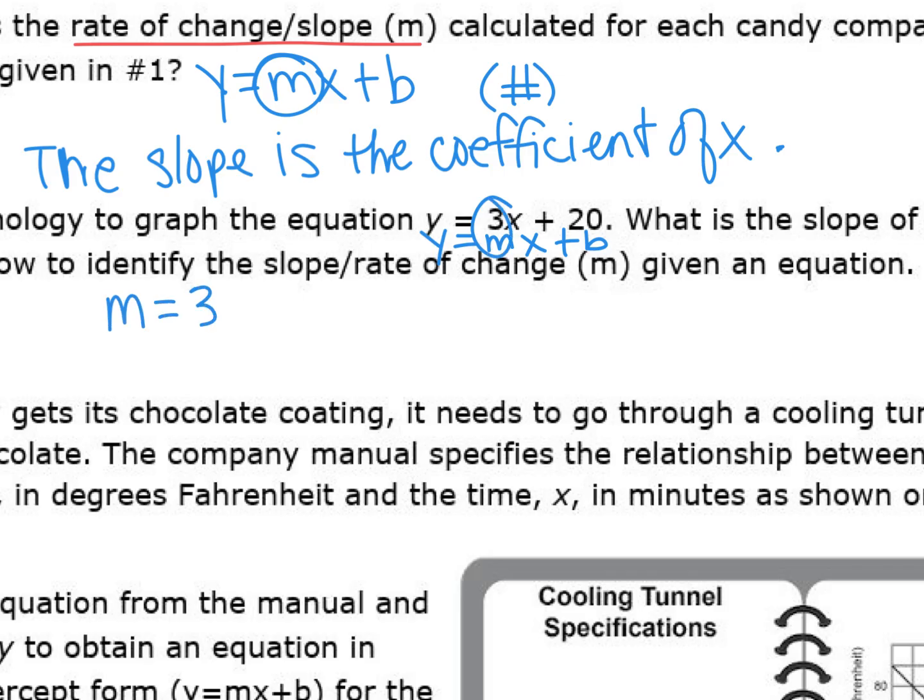How do we find slope in a graph? We should be able to count rise over run. When we looked at that in the graph, we went up 3 and over 1. So our slope was still 3 over 1, just like in our equation.